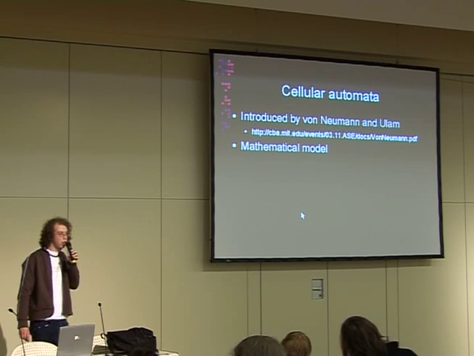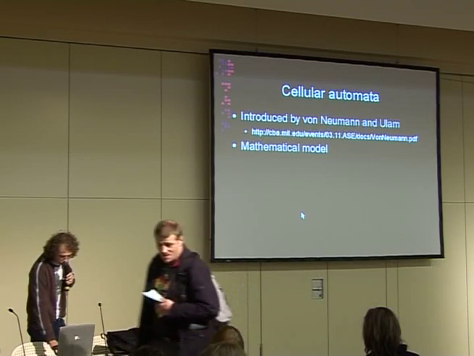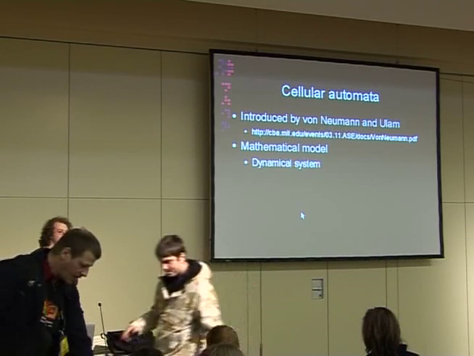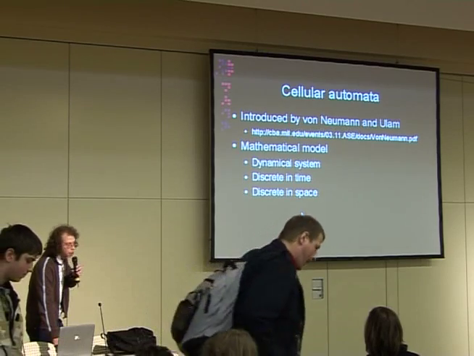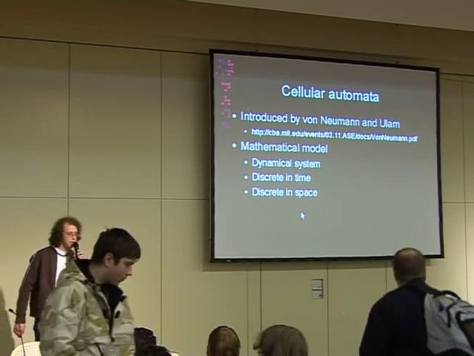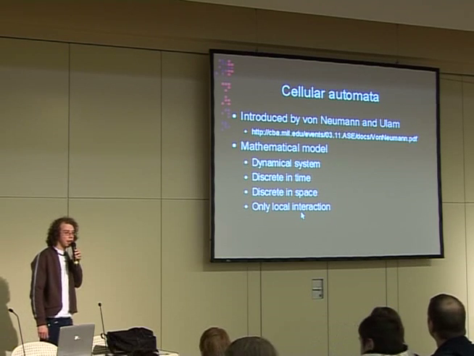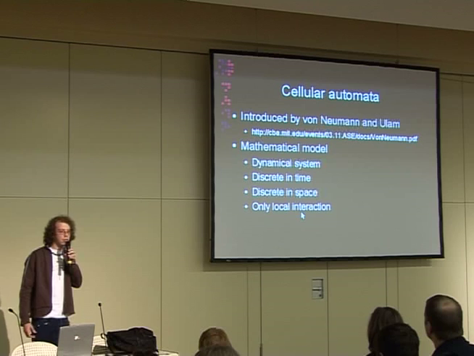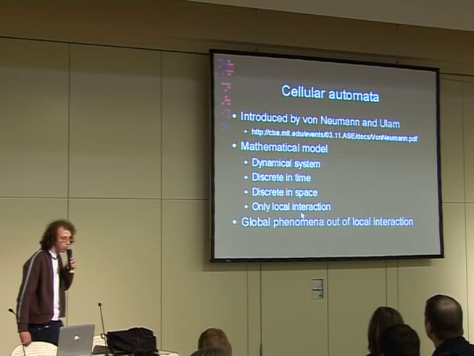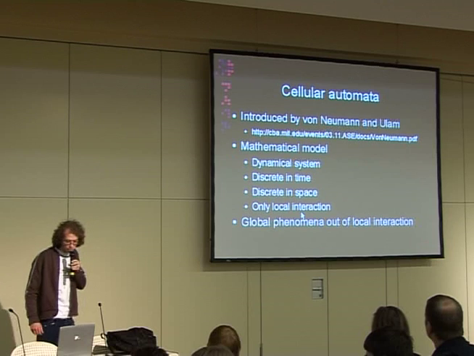It's a mathematical model for a dynamical system that is discrete in time and discrete in space. You will see what this means later. And the dynamical system depends only on local interactions. But the interesting thing is that global phenomena emerge out of this local interaction.